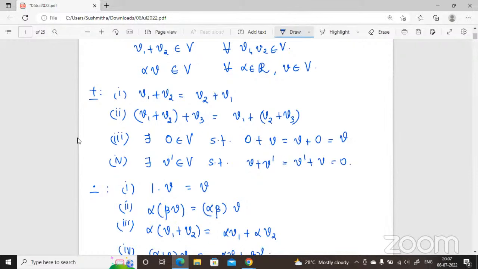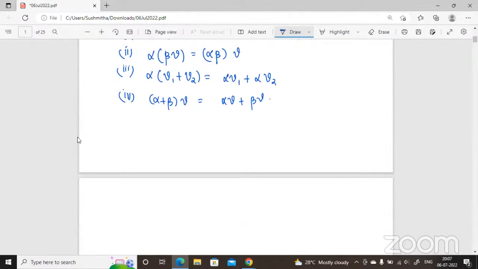So any questions? Or shall we quickly take an example? We have a lot of examples. R with respect to the usual addition and usual multiplication of real numbers is a vector space, and you can think of any Rn.